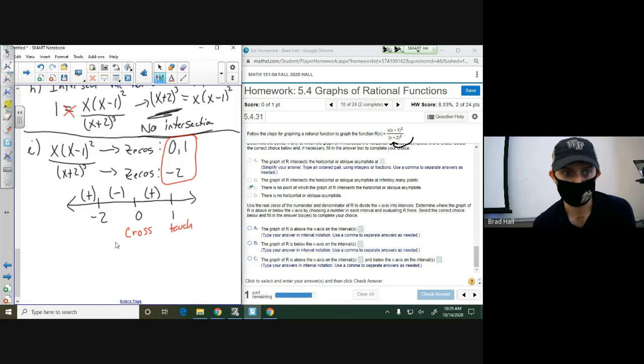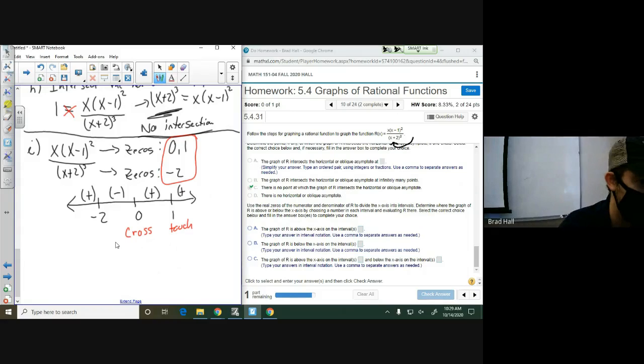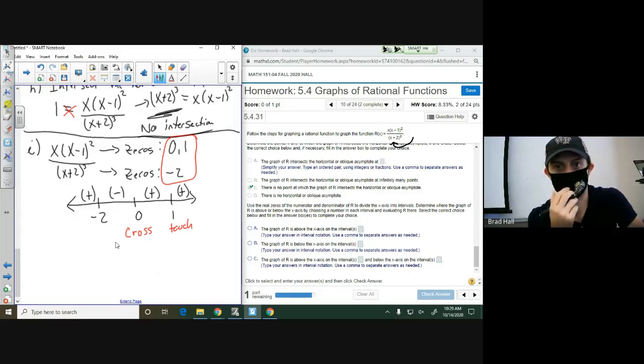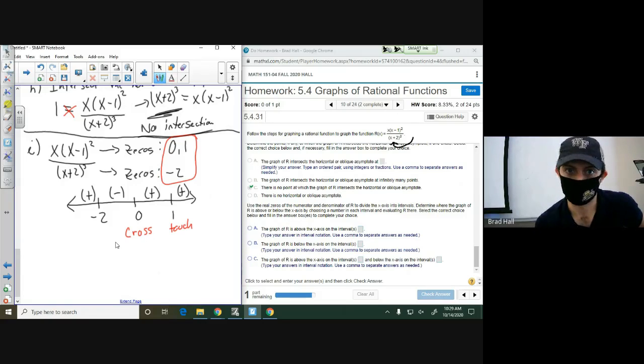But with touch, for the right side of 1, the sign will not alternate, which means it will just repeat. So that's why knowing the multiplicity is really helpful, because you can shortcut just like this and not have to do a bunch of tedious computations. So that's why this method is very helpful.